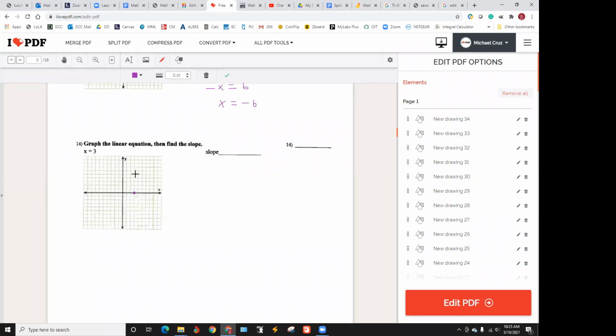And so what that simply means is that any one of these points are on x is equal to 3. This is the one that's called undefined if you want to know about the slope.